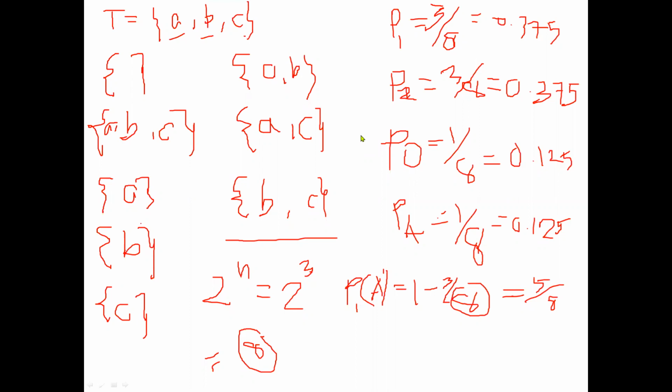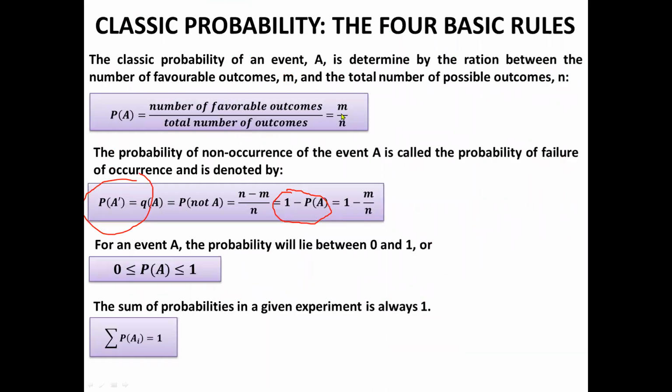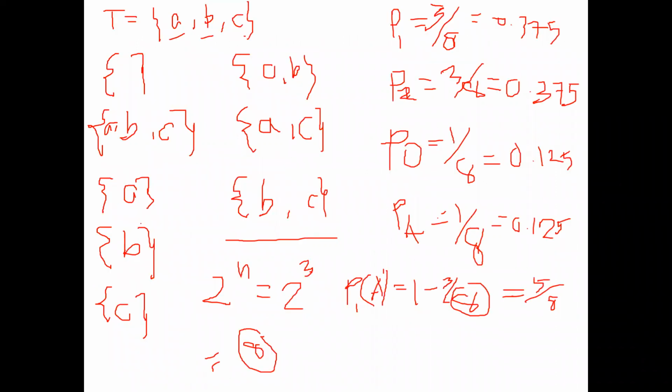Nagigets ba natin? Yes po. Okay, now, ano yung rule number 4? Balikan ko yung rule number 4 para lang mas klaro. The sum of probabilities in a given statement is always 1. Lahat ng nandirito na na-obtain natin, probability na isa lang ang darating, probability na dalawa lang darating, probability na walang darating, probability na darating lahat, i-add natin lahat ang mga yan.